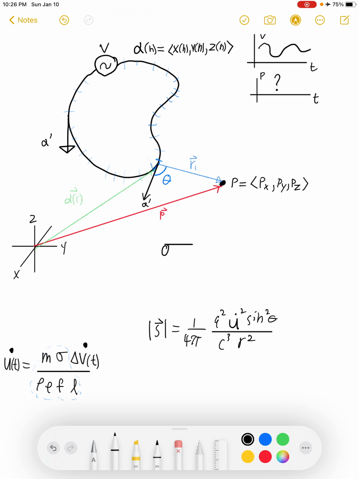So Q is equal to the charge per volume times the volume, which is the cross-sectional area times the length.